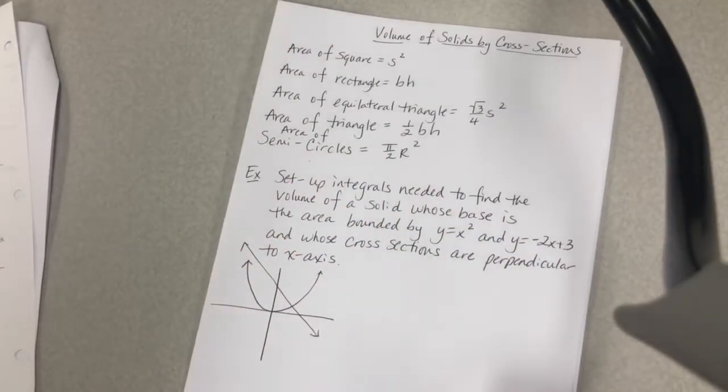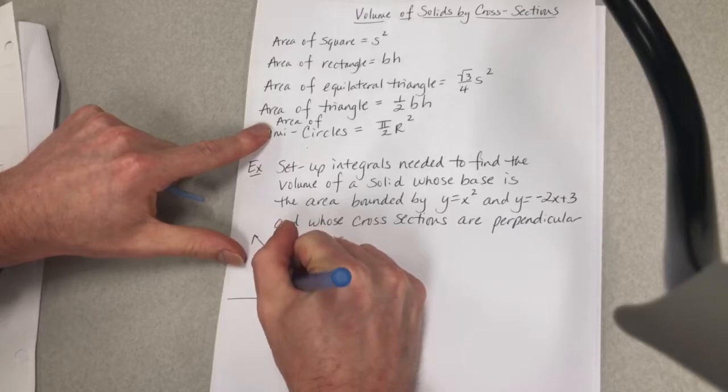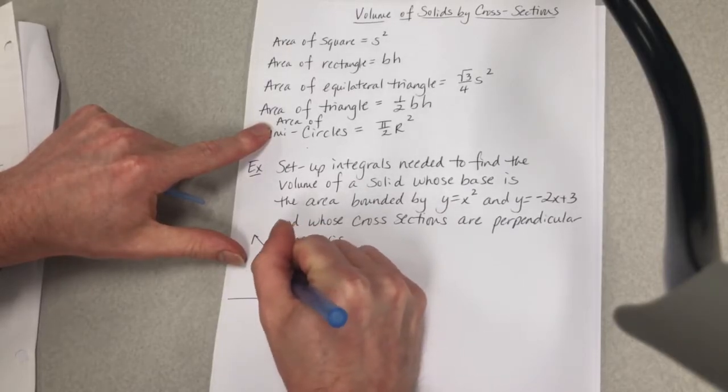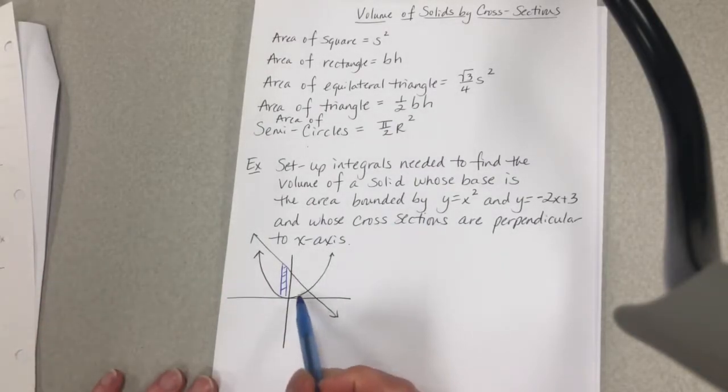So our ladder, if we're going about the x-axis, would look like this, just like we did before. Now we're going to take various shapes and build a solid using this as the base.